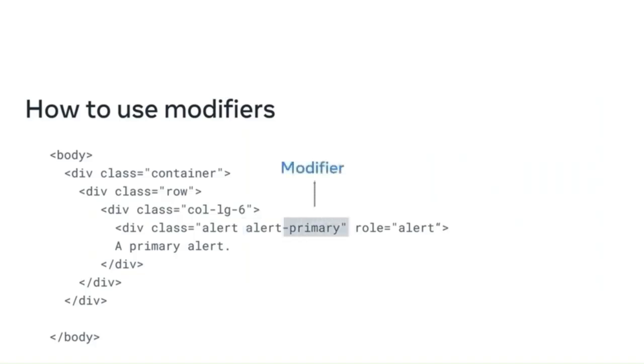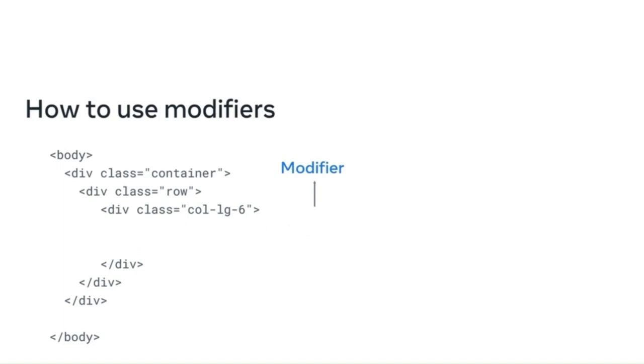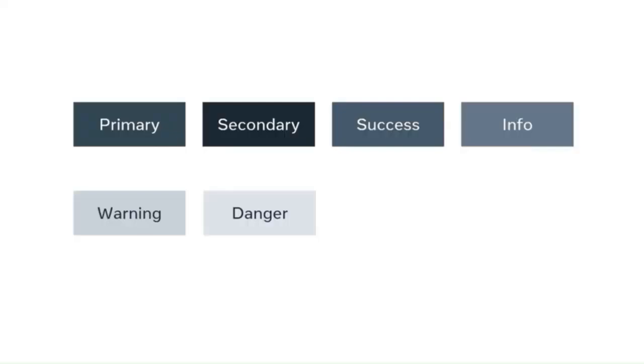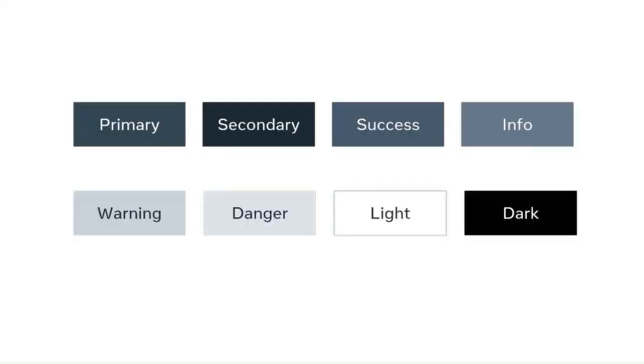The -primary part of the class is the modifier. If you want to change this to red, for example, for an error message, you will use the danger modifier. Here is a list of modifiers available in Bootstrap: primary, secondary, success, info, warning, danger, light, dark.